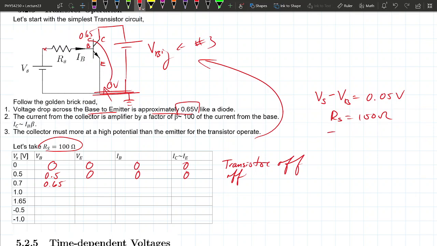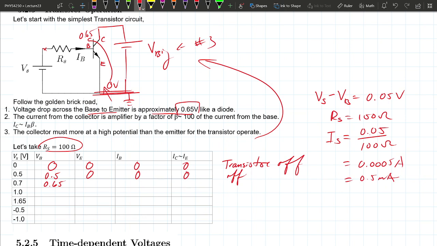That means how much current flows through that resistor? What's the formula for it? That's just Ohm's law. You move 2 zeros over: 0.0005 amp. In other words, about half a milliamp.